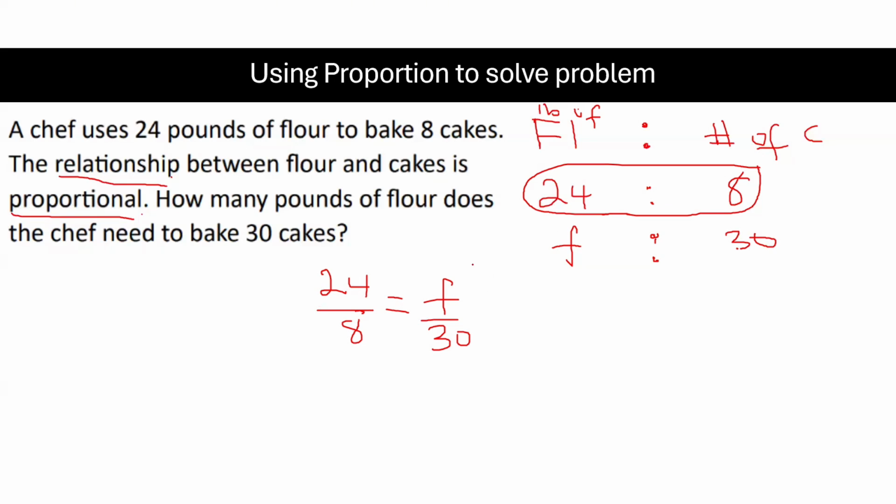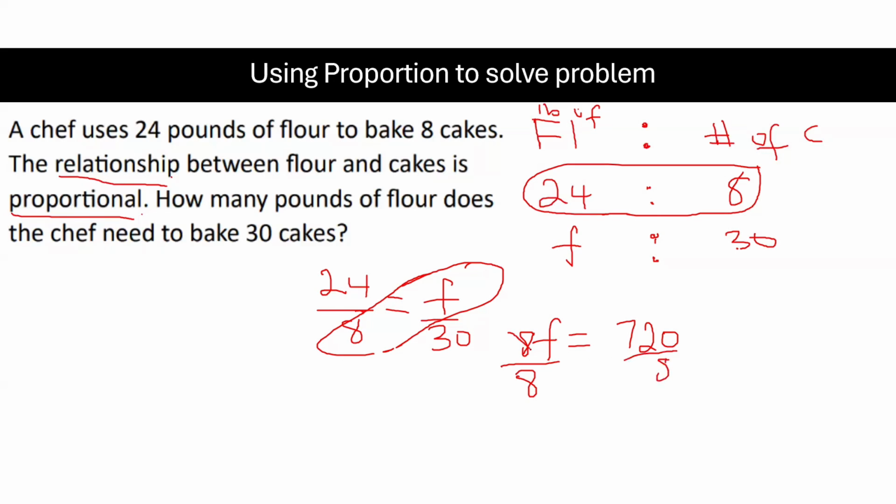Now that we have our proportion, we are going to solve by cross multiplying, or using the butterfly method. 8 times F is 8F, and 24 times 30 is 720. Now we solve our equation by dividing both sides by 8. The reason we do that is because we want to isolate the variable F. To do that, we do the opposite of what the 8 is doing to the F, which is multiplication. So we do division to get rid of the 8.